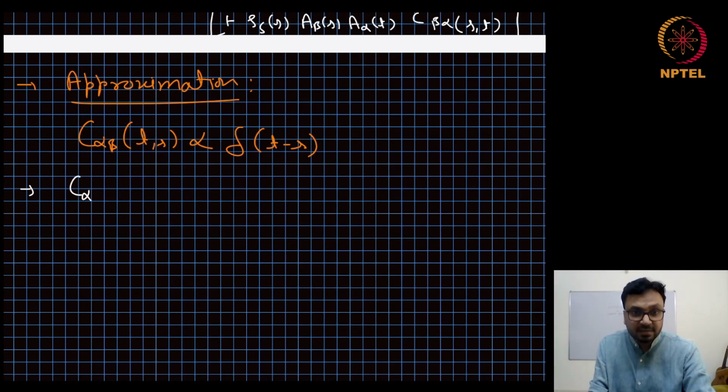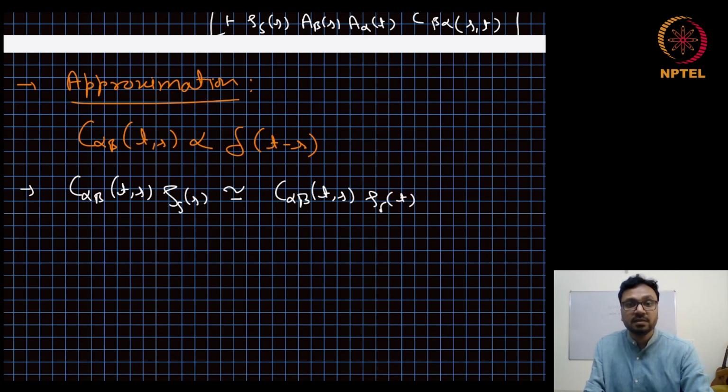Therefore, we can write C alpha beta t s times rho s at s to be the same as C alpha beta t s times rho s at t. This is the property of a delta function, that the delta function times any function at time s is the same as the same delta function and the other function at time t.